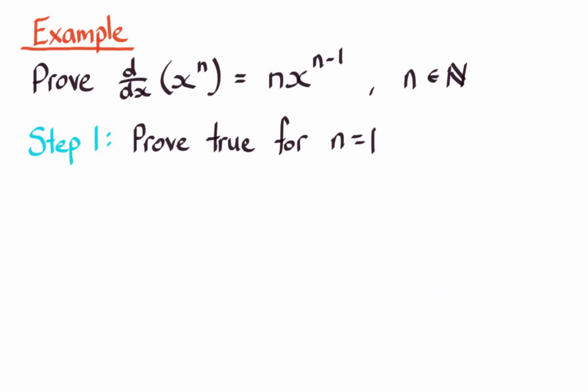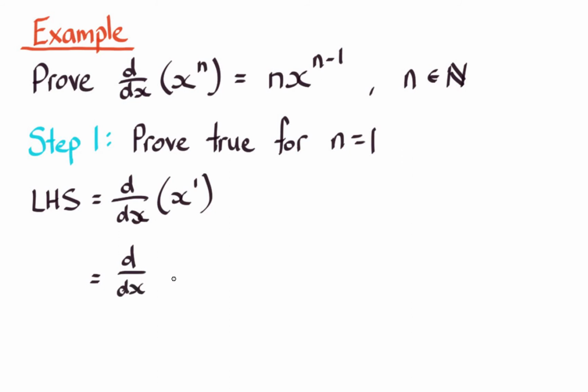So step 1, prove true for n equals 1. Let's start with the left hand side, which is the derivative with respect to x of x to the power of 1. Or we could just write this as the derivative of x.